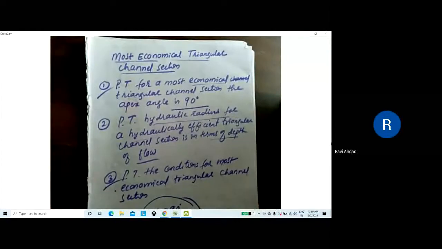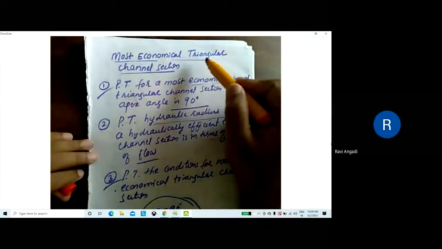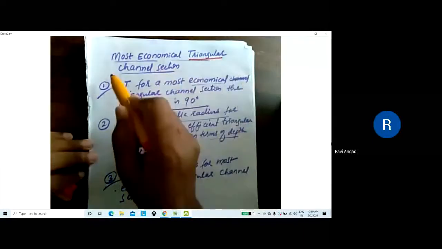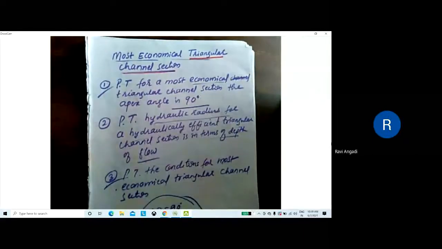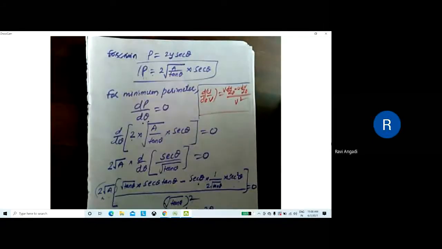Okay. So in the previous class, we derived the equation for the most economical triangular channel section. What was the condition we got?